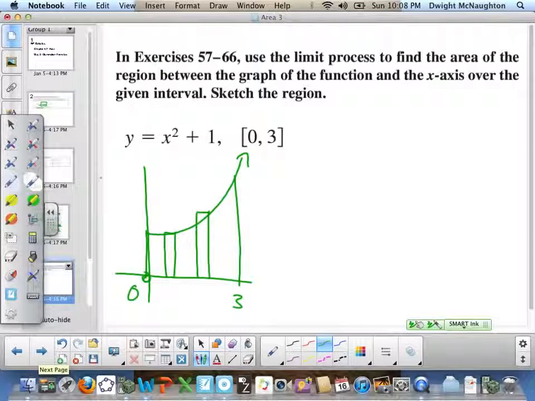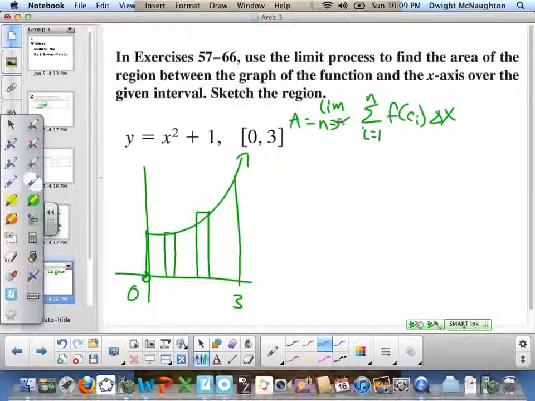So our area will be adding up rectangles from 1 to n of our function, which will give us the height, times the width, which is delta x. And then we want to approach an infinite amount of rectangles.